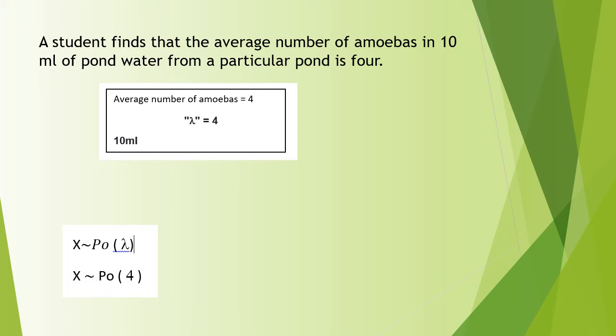I also can write this information as X is Poisson distributed with the parameter lambda, and according to the sum, X is Poisson distributed, with lambda equal to 4.